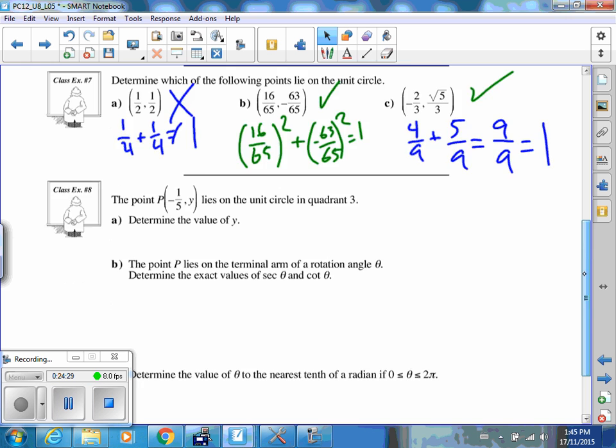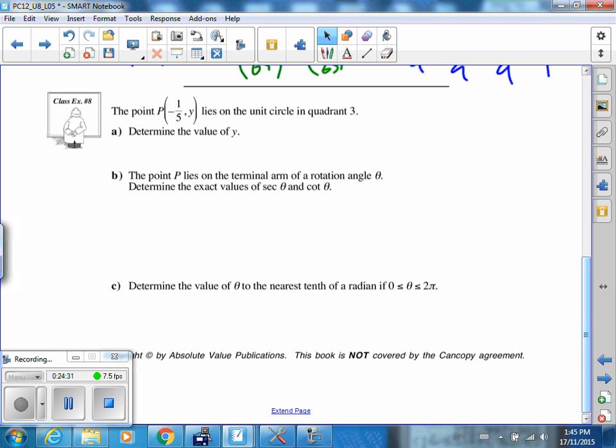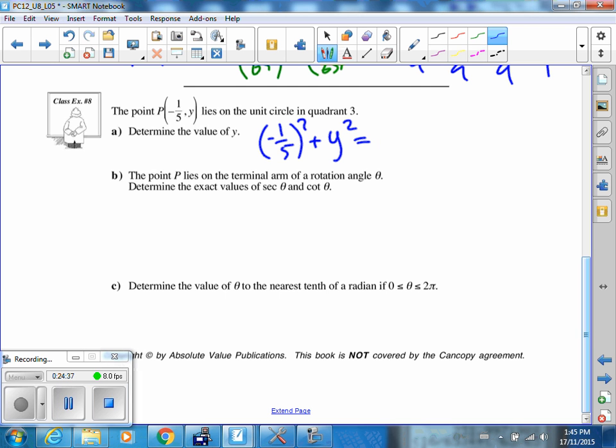This one is just basically the same idea. So negative 1/5 squared plus y squared equals 1. Why 1? Because unit circle. And now I just need to go y squared equals 1 minus, again, when I square this, it'll be positive 1/25.